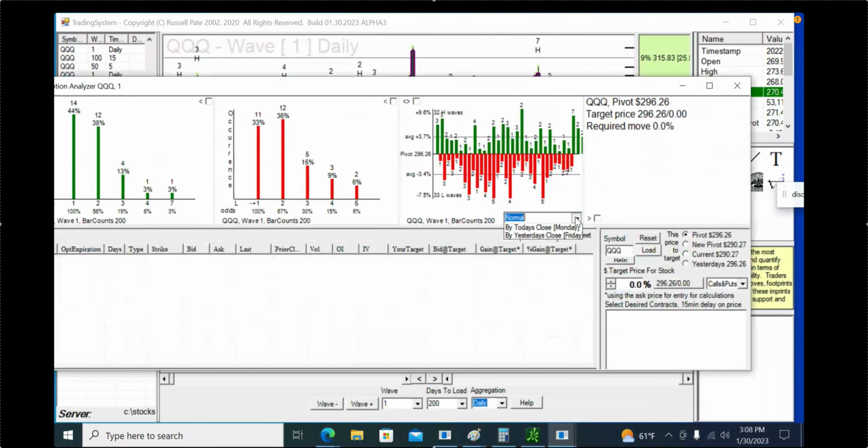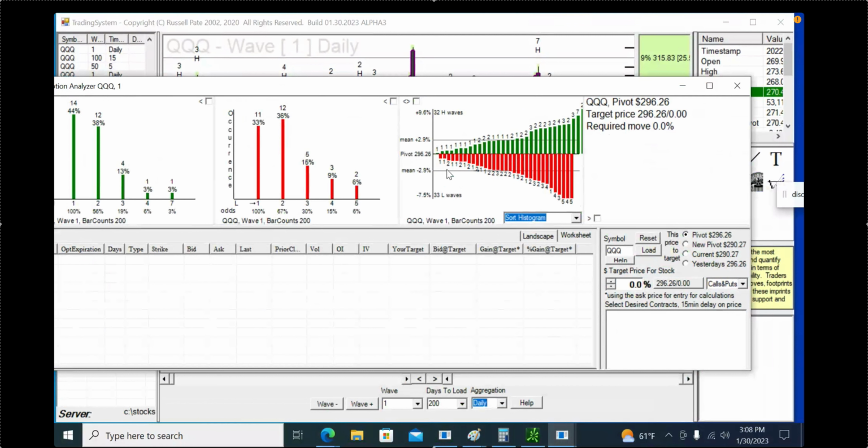So the first thing is we make sure that we're in sync here. We want to use a pivot for continuation, and we want to look for our next value down, which is L2s, because after L1 comes L2, if we get assigned a lower low tomorrow. So we come in here and we sort by histogram. It makes it easier to see them. I pick sort, make sure I'm on pivot, and hit the button, that brings in the most current price, and 290.27 was our close, and that's what we need to use. So now I move to the set of L2s below our green line, because when I hit this button, it automatically sets my green line.